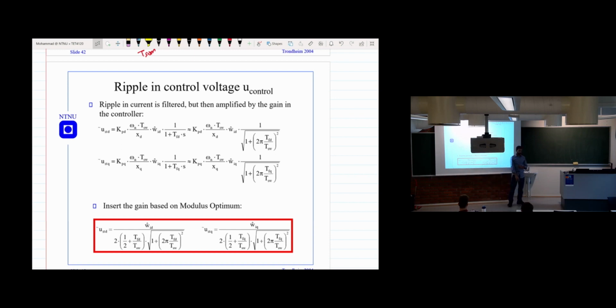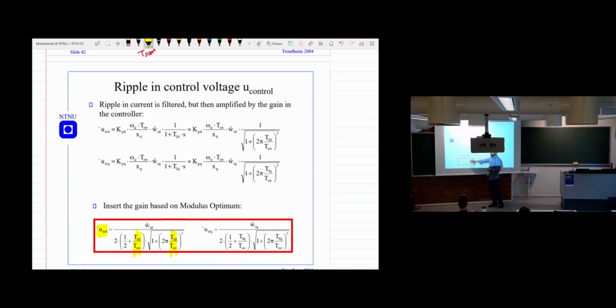That is what we have already discussed in the controller and the filtering chapter. For the D-axis, we can write it as a ratio of this filter time constant and the switching time constant, the carrier frequency time constant.